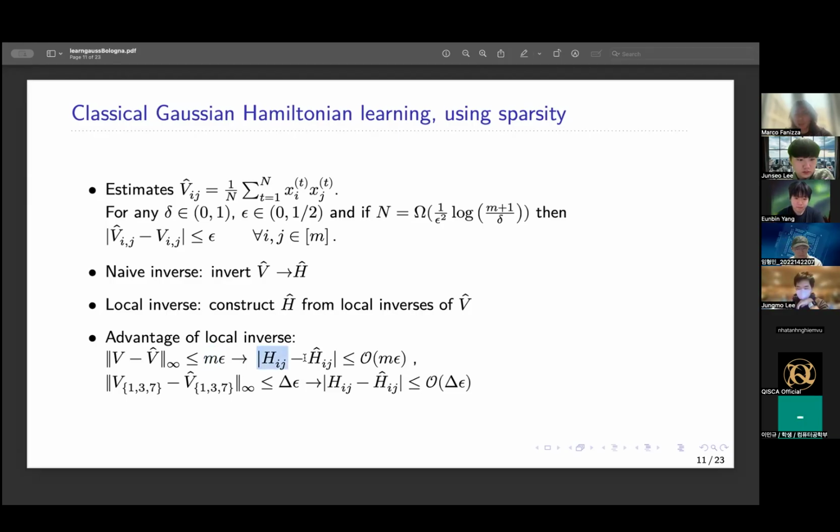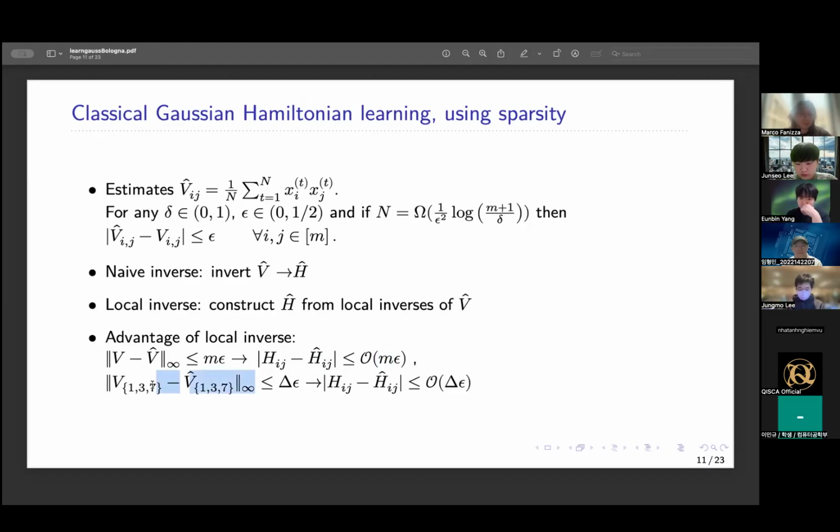And if you use the matrix perturbation bound for the inverse that I showed you before, this incurs again in a linear upper bound in M, which would obstruct you from getting a logarithmic in M sample complexity. This would be impossible with this kind of error.